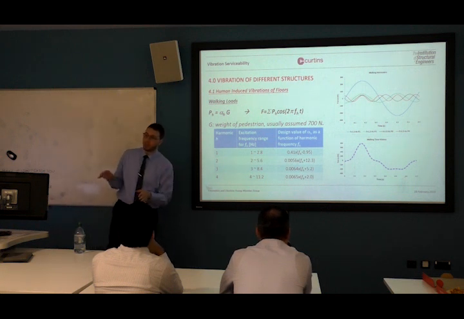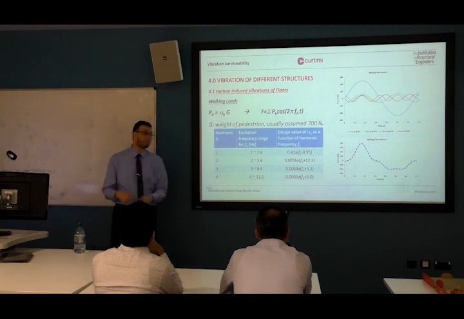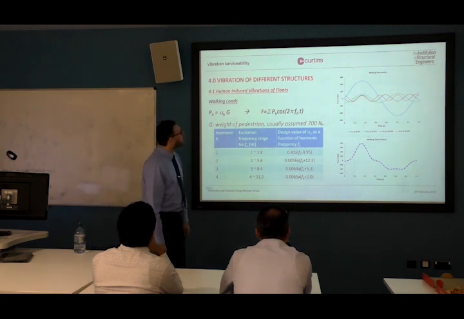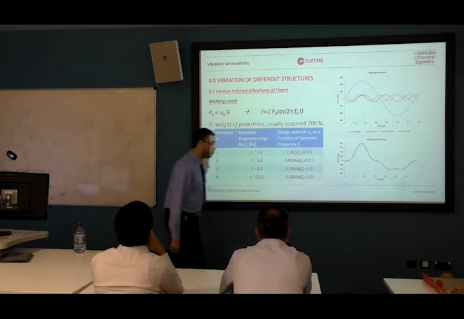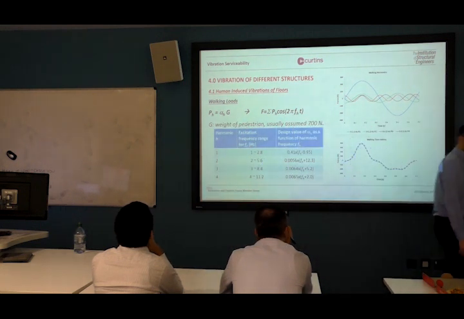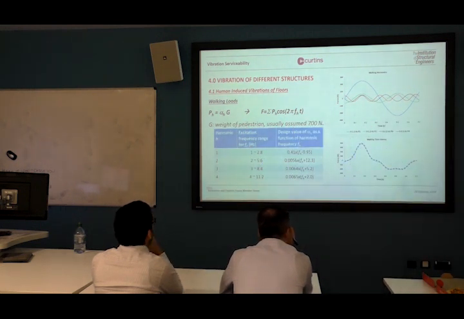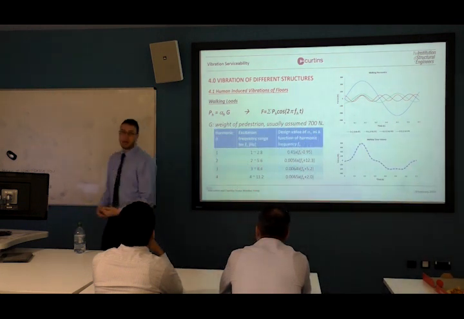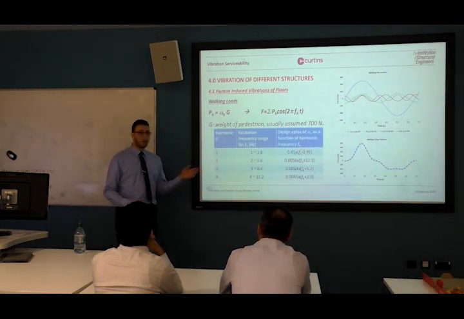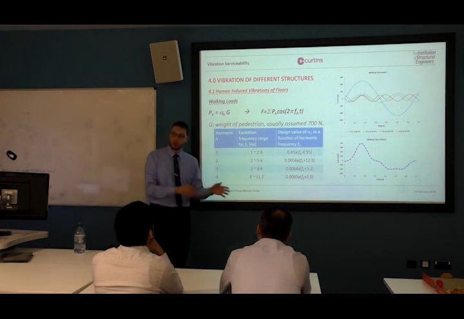This is where we think that the response will be the max. So what type of load do we apply? We apply a periodic load. You can see that walking is a very periodic load. It's not sinusoidal, but a periodic load is a sum of sinusoidal loads.